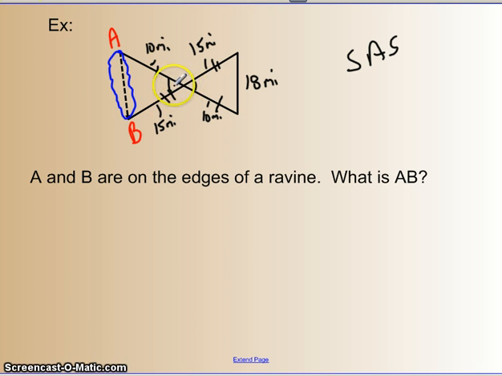So the angle within the two sides is the included angle. So we'd have that the triangles are congruent by SAS, and then that would mean that AB would be congruent with 18 miles, this last side of the triangle. So therefore that has to be 18 miles.